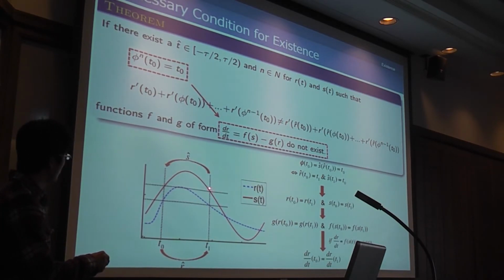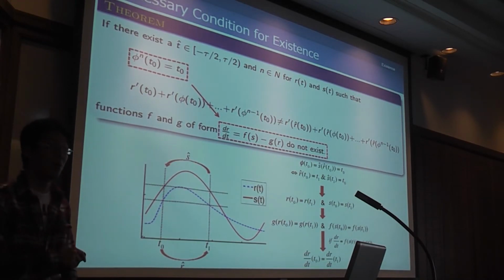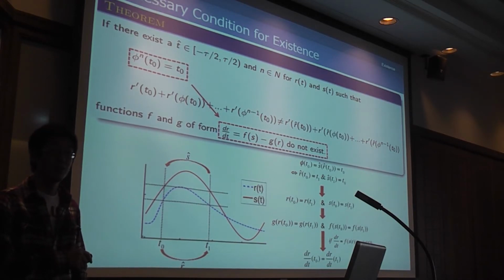And then this t1 will come back to t0 by the S hat map, where S of t has the same value. Good? So from this figure, what we can get is both R of t and S of t have the same value at these 2 time points, right?